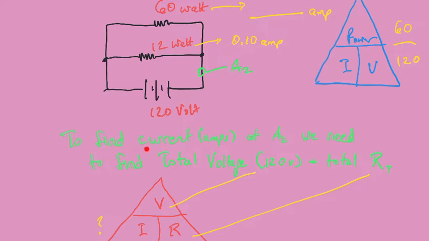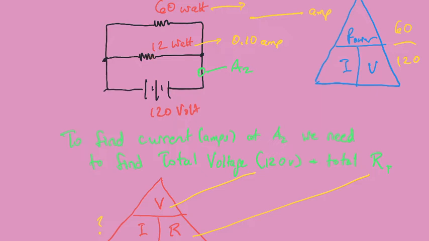Now, to find the current at A2, which is right here, we need to find the voltage, which is given, 120, but we have to find the total resistance. Now we know this resistance and we know this resistance. Well, actually we haven't solved for resistance. We just at this point have the watts. So we're going to have to solve to find the resistance of both of these.